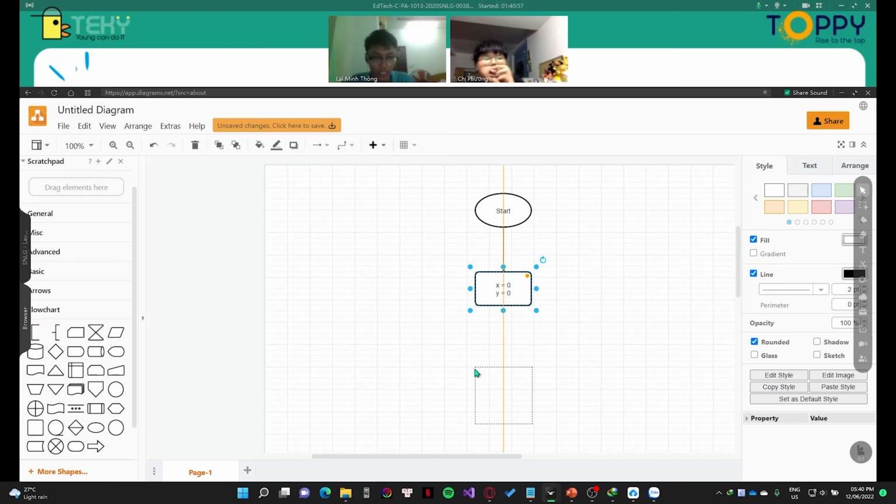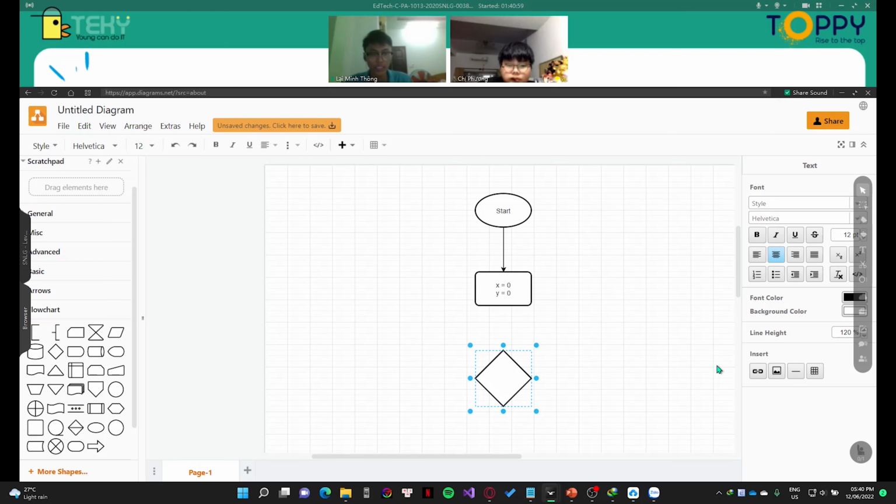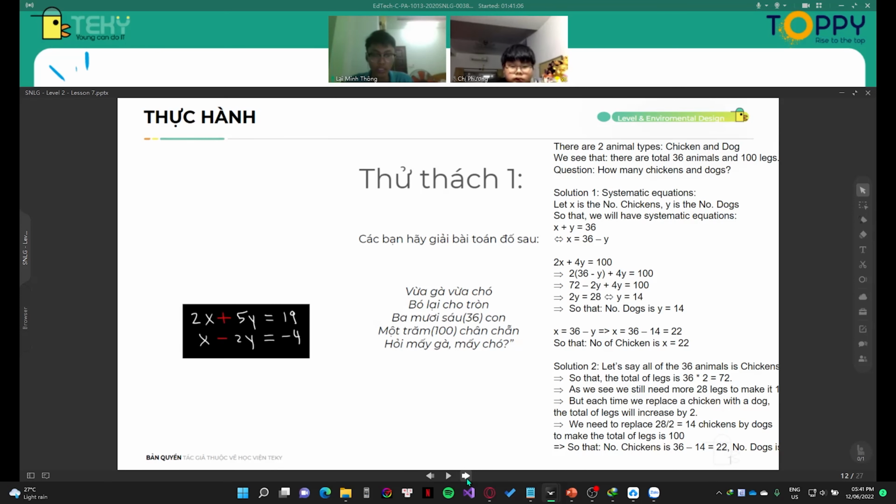And then we need to check, what do we need to check right here? We need to check whether x plus y equals 36 and whether the number of legs equals 100, right?